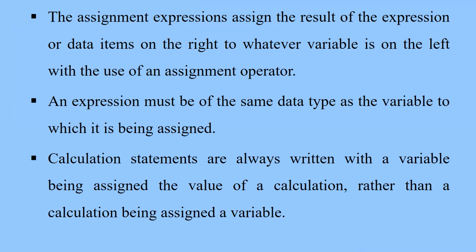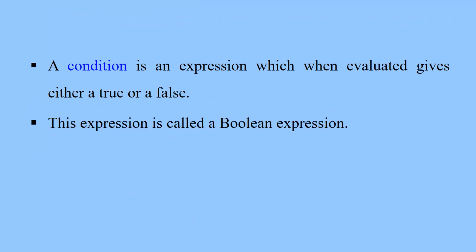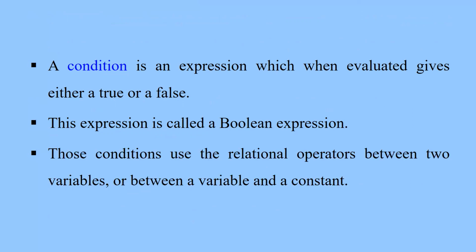Calculation statements are always written with a variable being assigned the value of a calculation, rather than a calculation being assigned a variable. A condition is an expression which, when evaluated, gives either a true or a false value. This expression is called a Boolean expression.